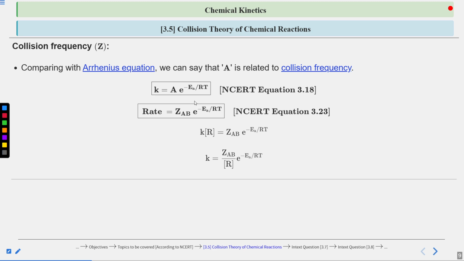So why are we comparing these two equations? Because they look alike, and before collision theory we studied the Arrhenius theory and equation.